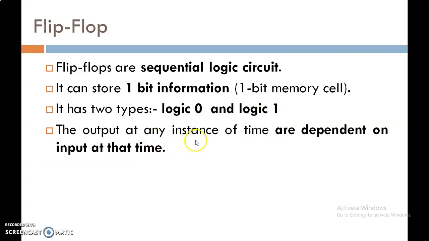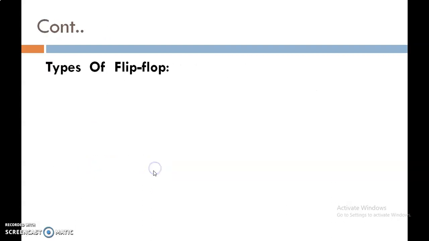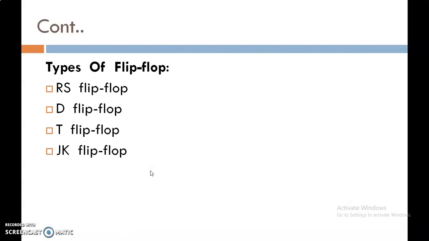The output at any instance of time depends on the input at that time, meaning output directly depends on the input. Now, types of flip-flop: RS flip-flop, D flip-flop, T flip-flop, JK flip-flop and master-slave JK flip-flop.